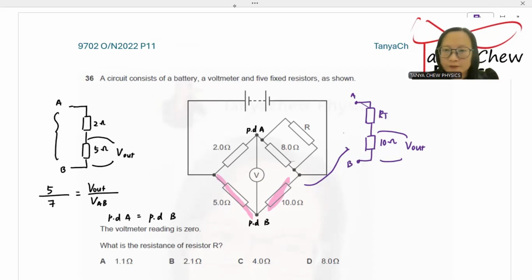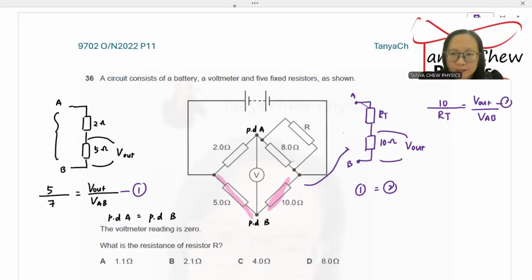So I'm going to use 10 divided by R total is equal to V output over VAB. Could you see that? Now I put this as equation 1 and this as equation 2. Equation 1 is equal to equation 2, so 10 over R total is equal to 5 over 7. Now you can find your R total.